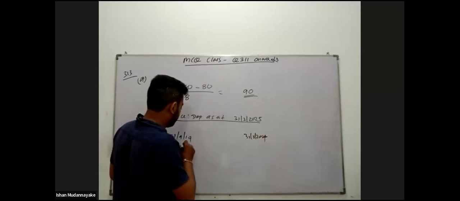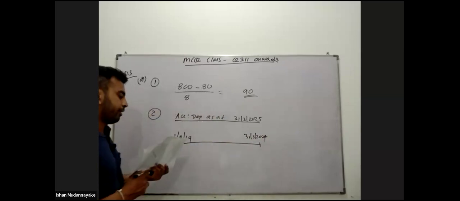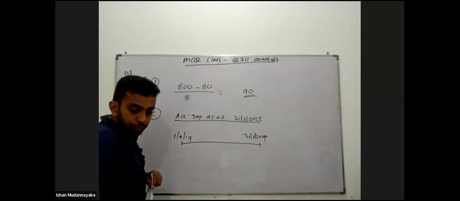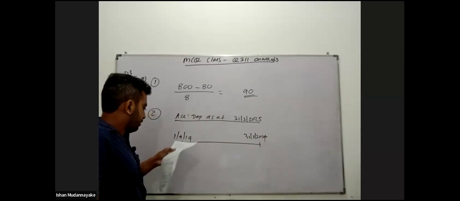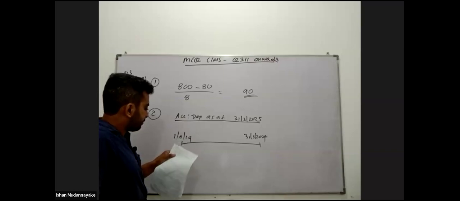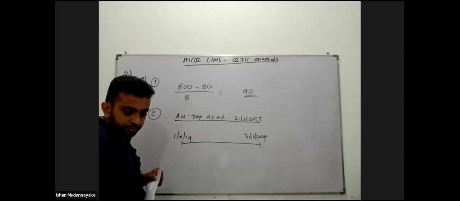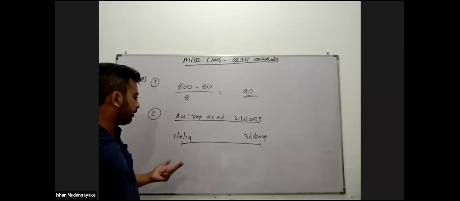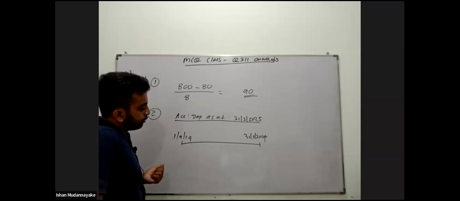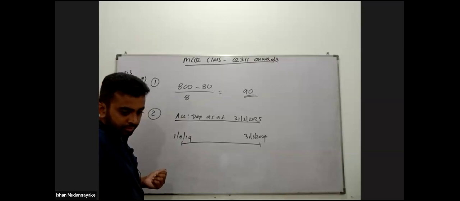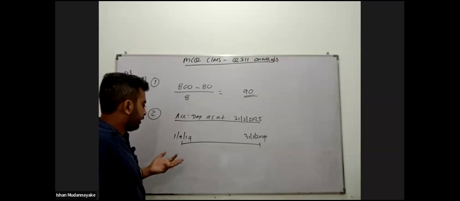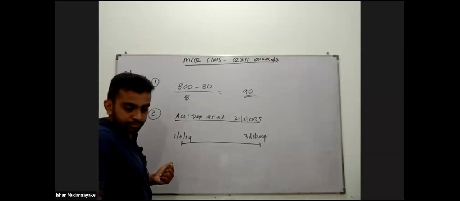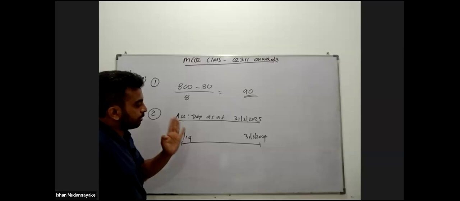Until 31st March 2024, how many years have they used this machine? 2019-20, 2020-21, 2021-22, 2022-23, 2023-24: over 5 years.